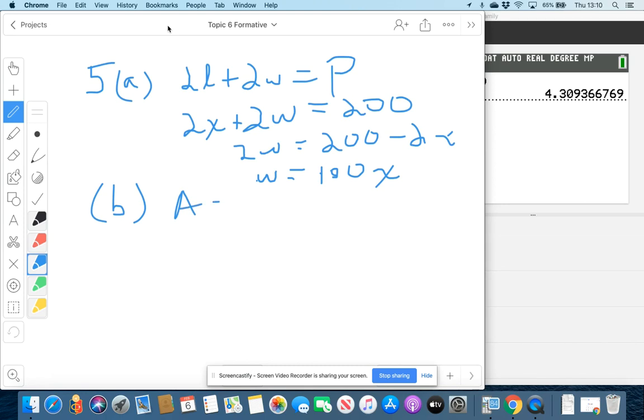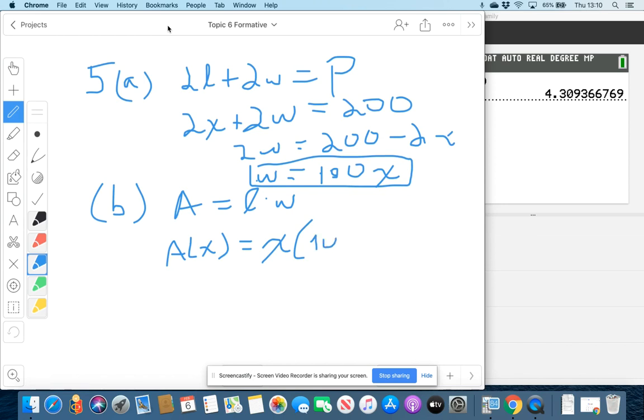A is equal to L times W. So all we have to do is substitute: A as a function of x is the length x, and we just found W is 100 minus x, which will give us a quadratic function. If we expand the brackets, we can see that.